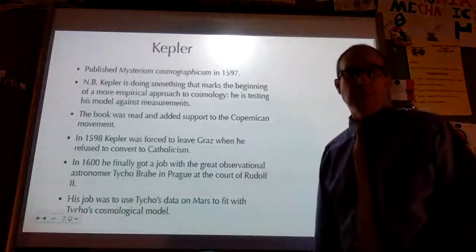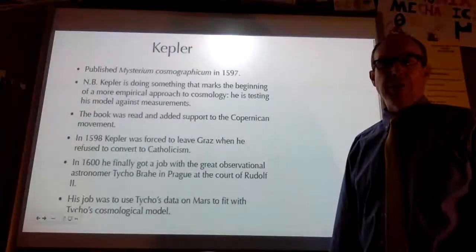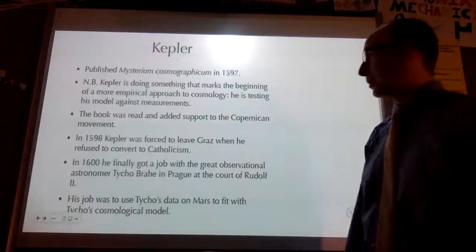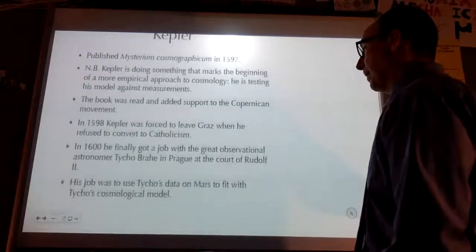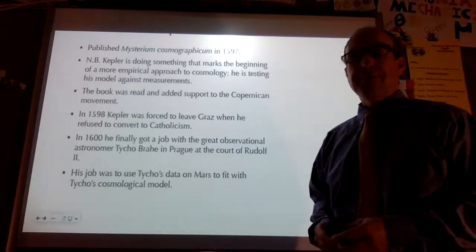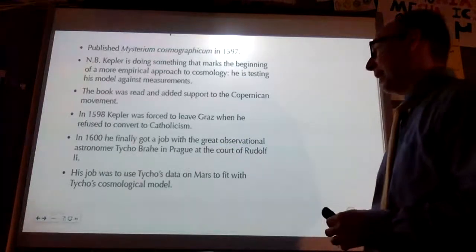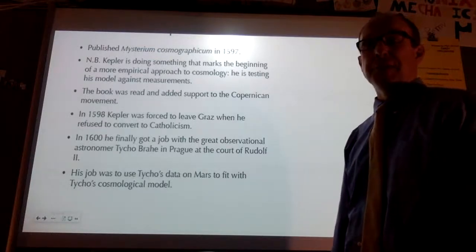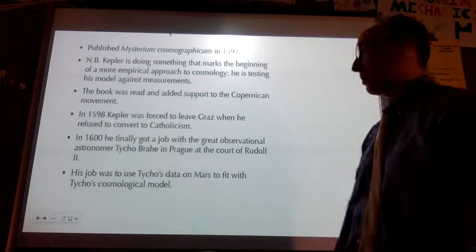I've heard it pronounced both ways. He was the most eccentric of all scientists. And so Kepler accepted a job with him. And then when Tycho passed away, he used his data to lead to his laws.